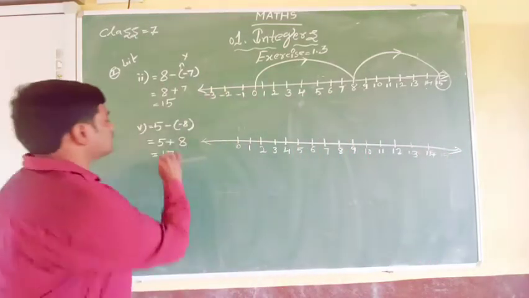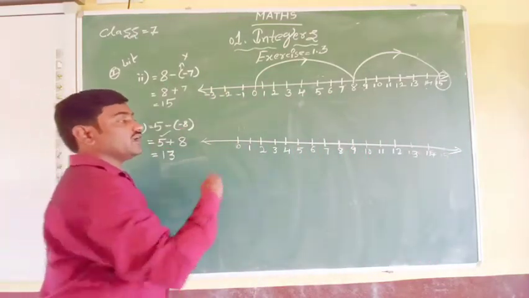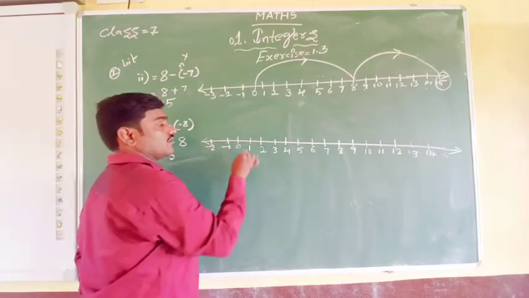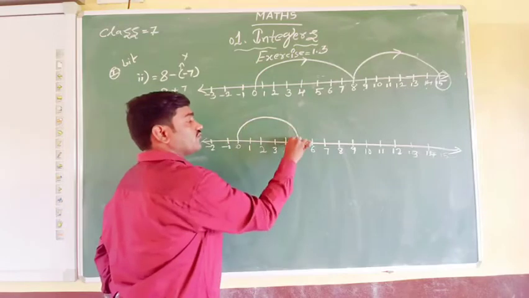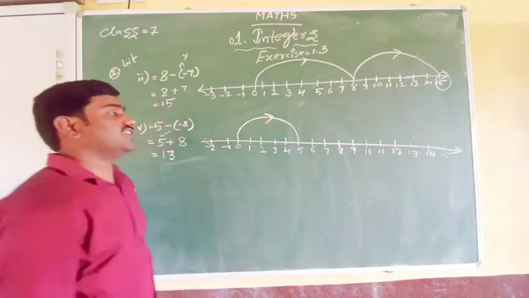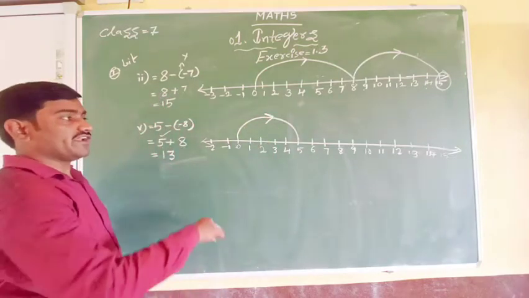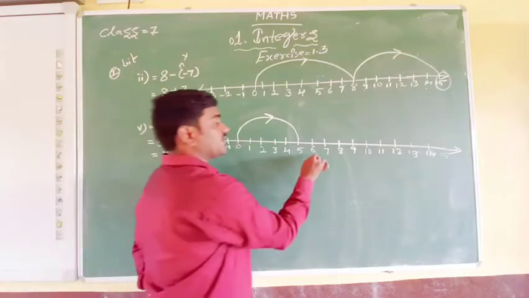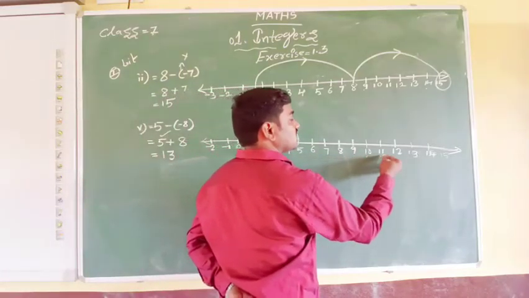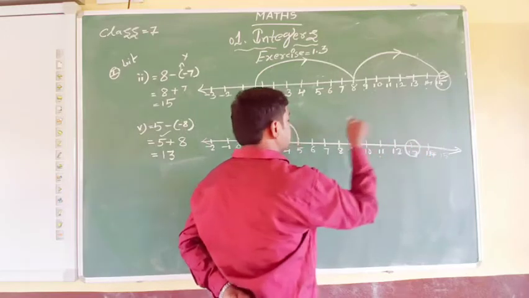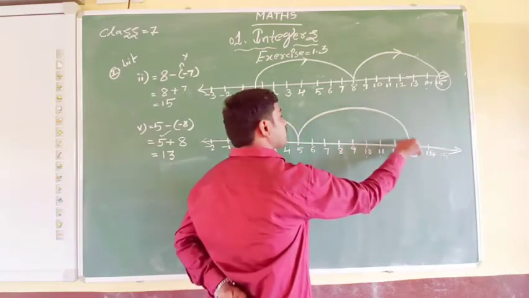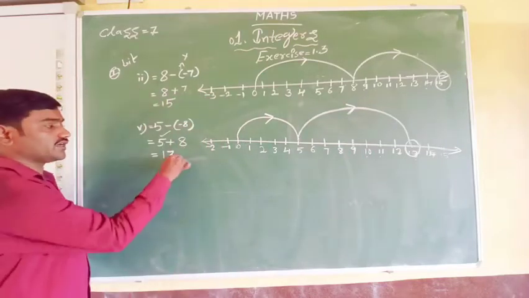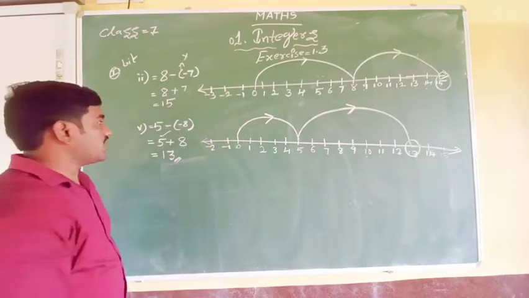Let us see here. First we will go for 5 steps right side on the number line, from 0. We start and we go for 5 steps, or 5 numbers, right side on the number line. Then after that plus 8 steps. 1, 2, 3, 4, 5, 6, 7, 8. So we reach the 13. From 5 to 13. So in this way we can complete our answer as we got 13, again on the same number line also.